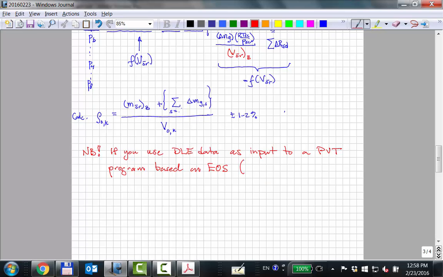And that you will be doing because that's what the industry does today. And the most common one is called PVTSim. It's a Danish company, Calsep. It's the most used PVT program. And there's lots of other ones.